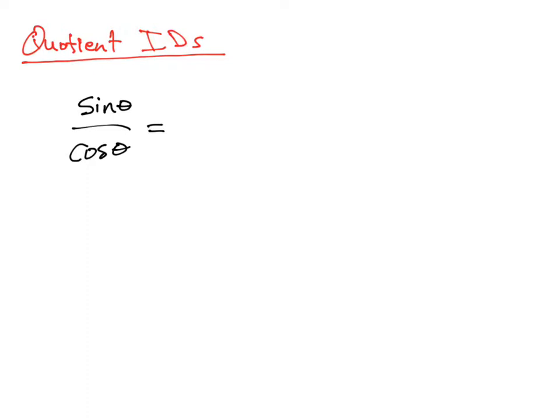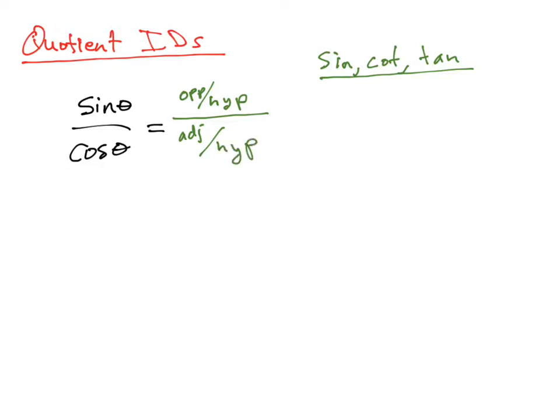Next we have the quotient identities. Now the quotient identities are useful because they can relate sine, cosine, and tangent all together. So if we divide sine by cosine, well, the definition that we've come up with for sine is opposite over hypotenuse, all divided by cosine, which is adjacent over hypotenuse.